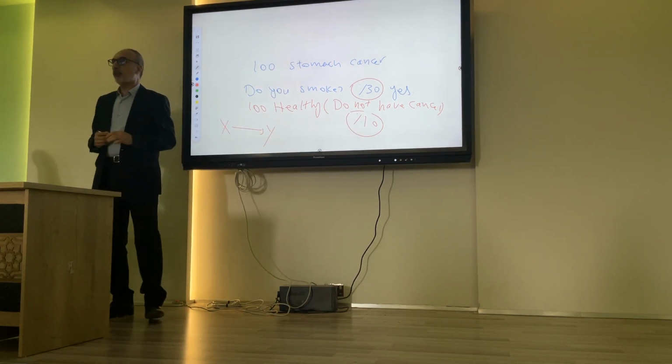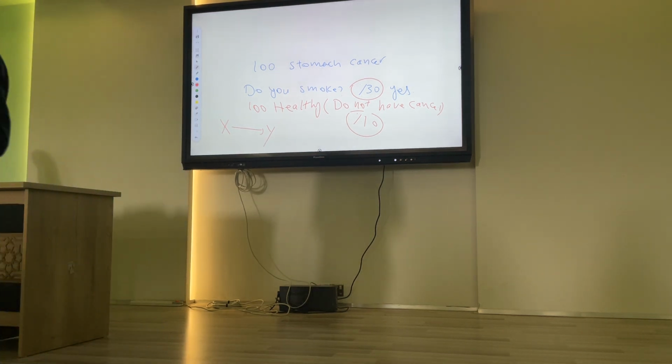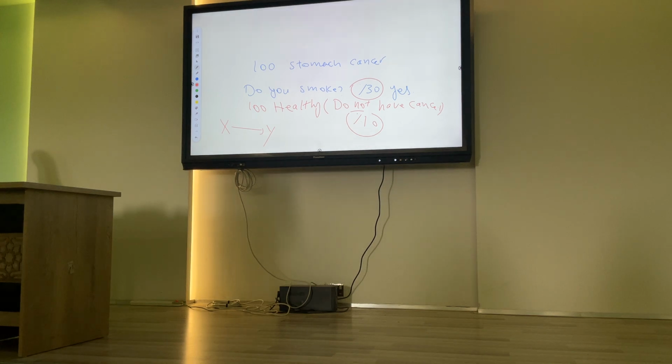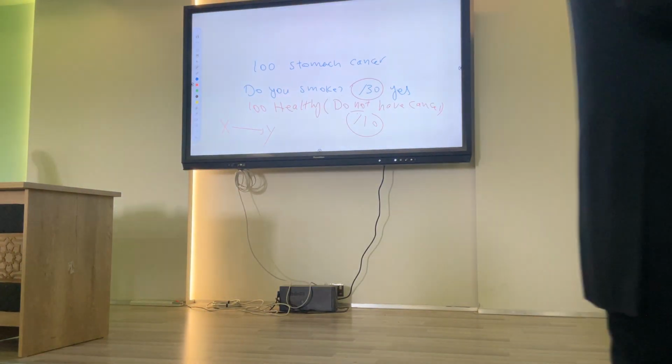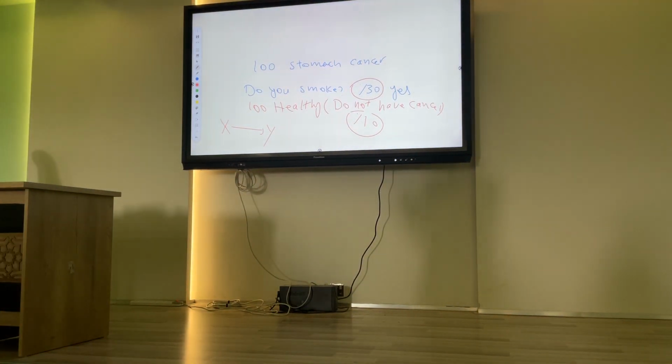Just 10% of controls say that they are smokers, and 30% of stomach cancer patients say that they are smokers. Now, is there any relation? Yes. Because by knowing the cancer situation, our estimation of the smoking prevalence will improve. We know that cancer patients, on average, 30% of them are smokers, and on average, 10% of healthy people.